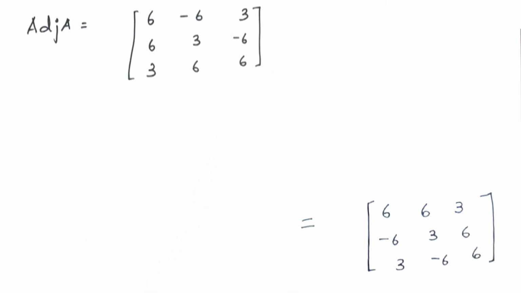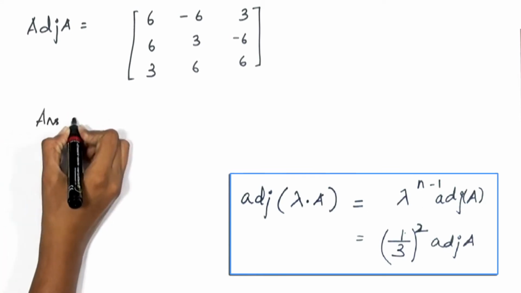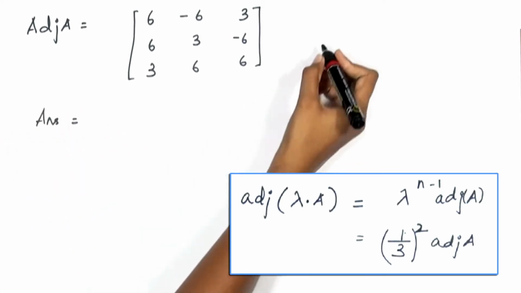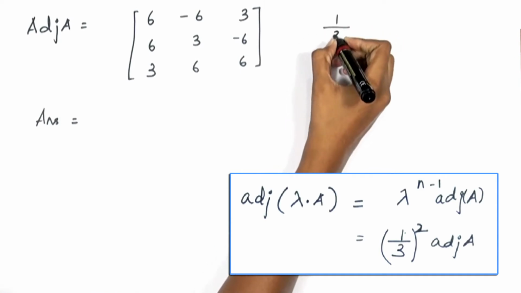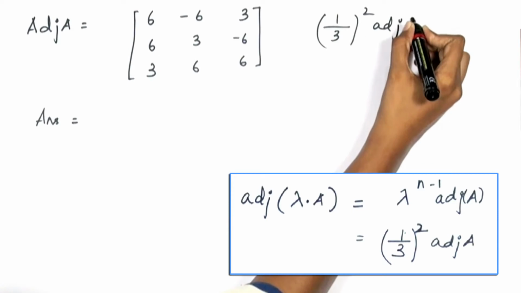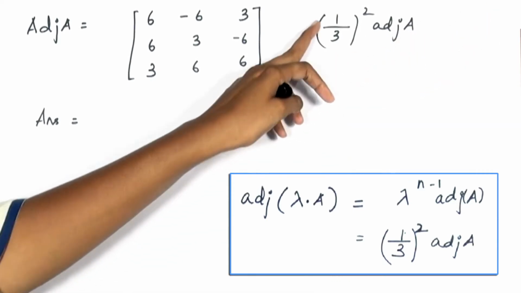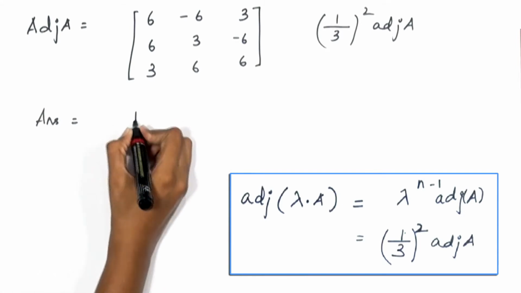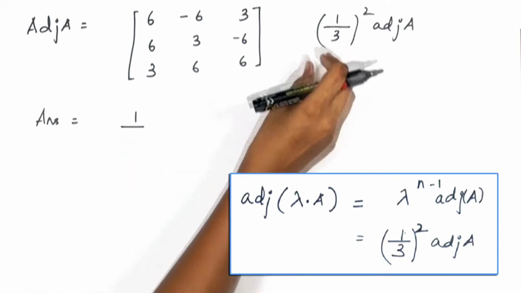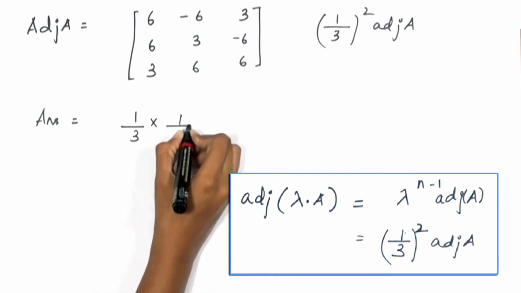So in order to find the final answer, we need to consider all these factors. We had this in the formula. 1 by 3 square becomes, we are separating 1 by 3 into two terms, 1 by 3 into 1 by 3.